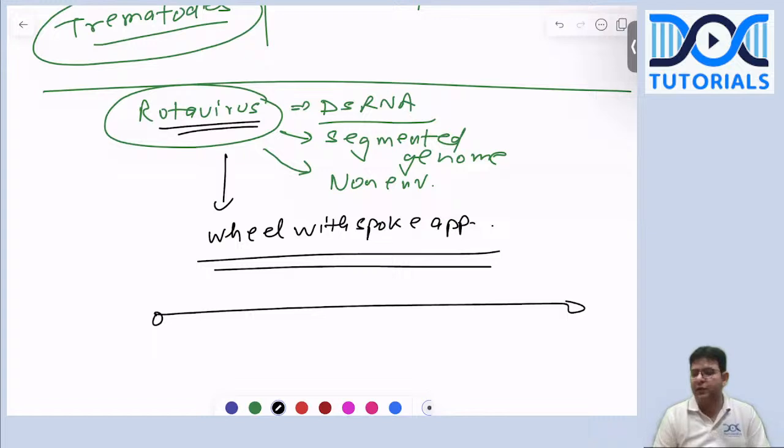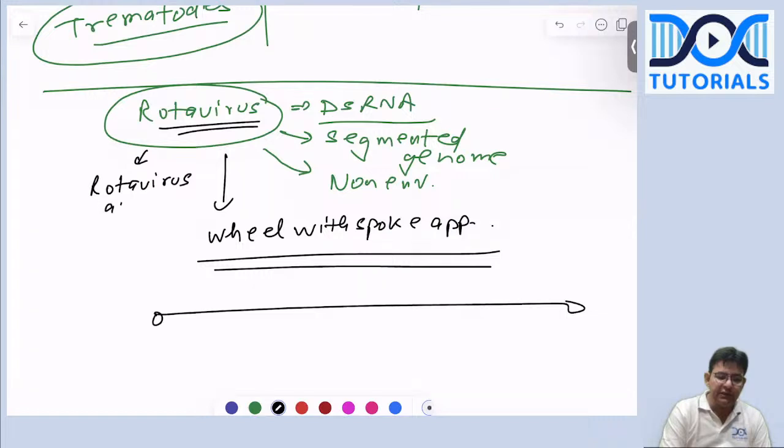Yes, the rotavirus vaccine causes intussusception, not the rotavirus. The side effect of the rotavirus vaccine is intussusception. And for investigation of choice, it is rotavirus antigen detection in the stool.